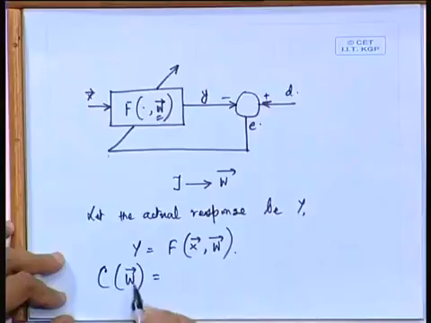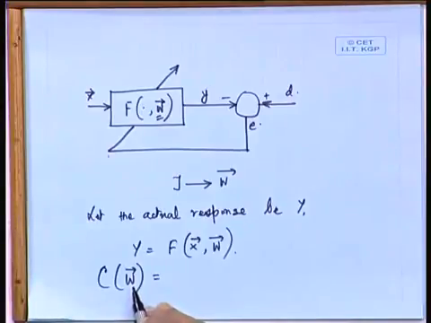So, we define a cost function C, expressed as a function of the weight matrix only.